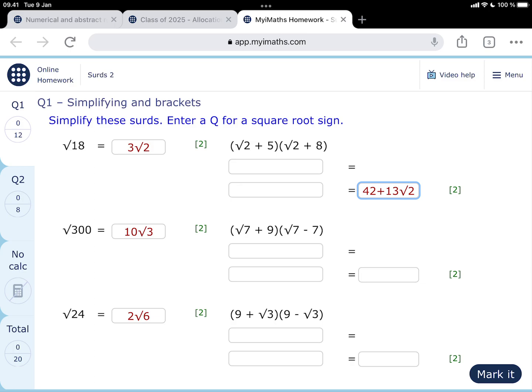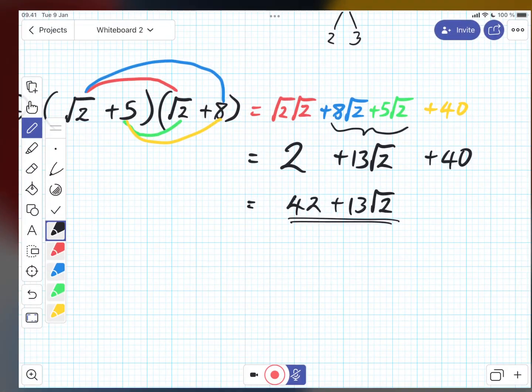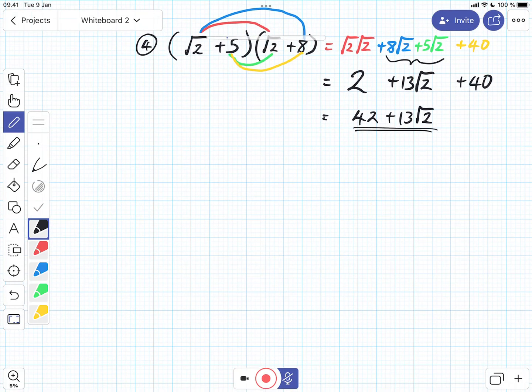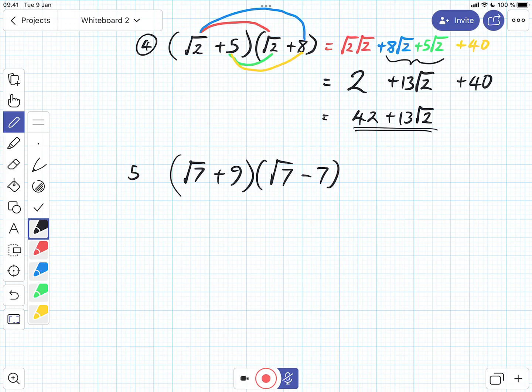box. Okay, root 7 plus 9 times root 7 minus 7. Let's just go to my book. So root 7 plus 9 times root 7 minus 7. So let's call that question 5.